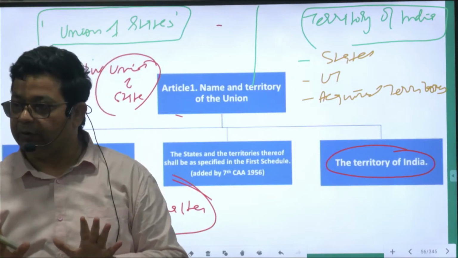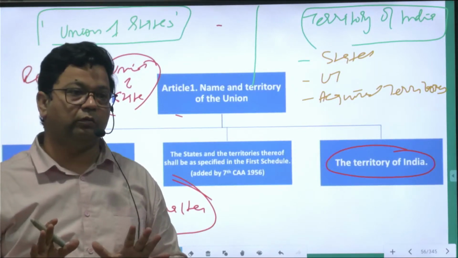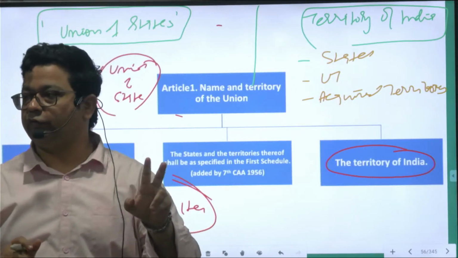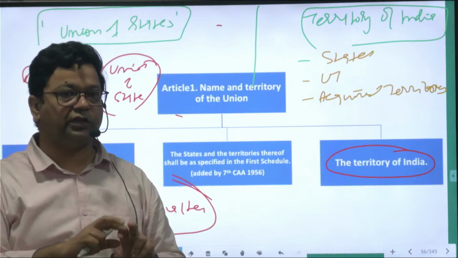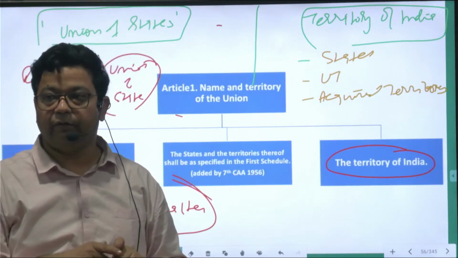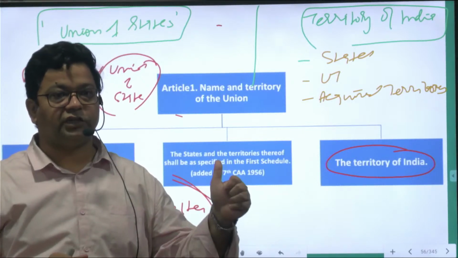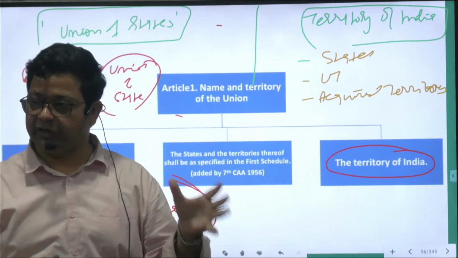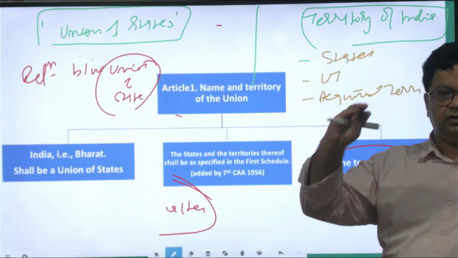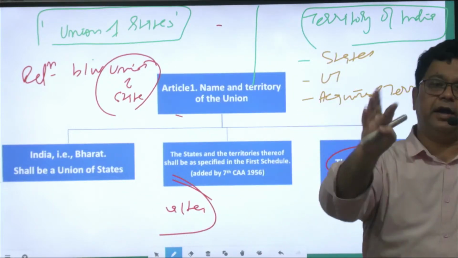Are you getting my point? Yes or no? Is it clear? So now are you in a position to differentiate between the two terms, Union of States and territory of India? The Union of States includes only the states, whereas the territory of India includes everything: states, UTs, and acquired territory.